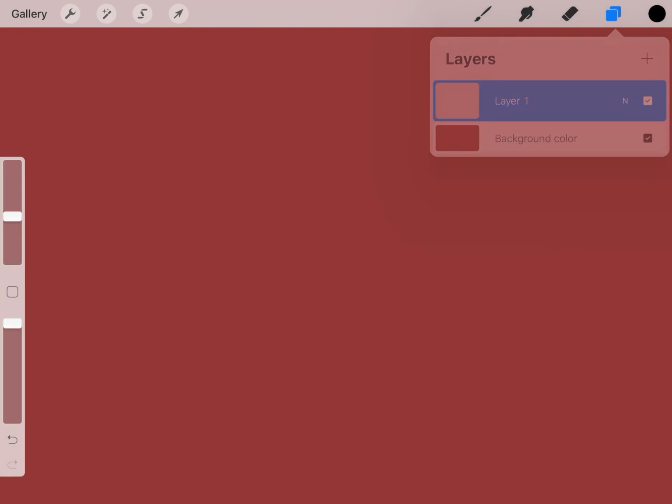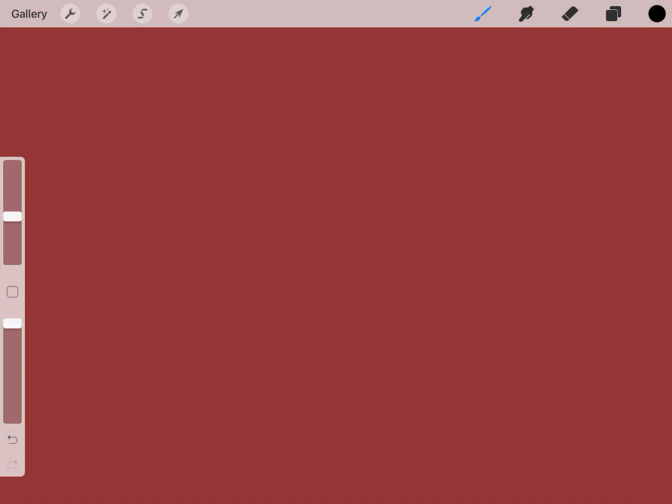Let's do one more. So we're going to do the number 44. All right, so 44 can be broken down into 4 and 11. 11 is prime, but 4 is not. So 4 gets broken down into 2 and 2.